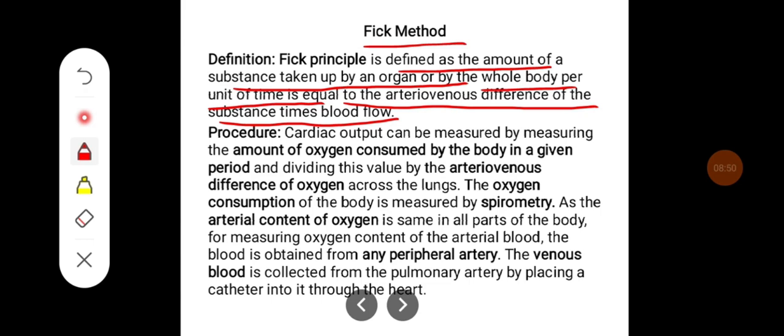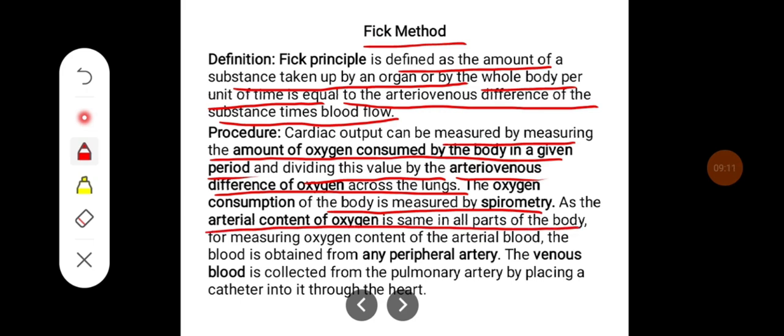The procedure is, cardiac output can be measured by measuring the amount of oxygen consumed by the body in a given period and dividing this value by the arteriovenous difference of oxygen across the lungs. The oxygen consumption of the body is measured by spirometry. As the arterial oxygen content is the same in all parts of the body, for measuring oxygen content of the arterial blood, the blood is obtained from any peripheral artery.